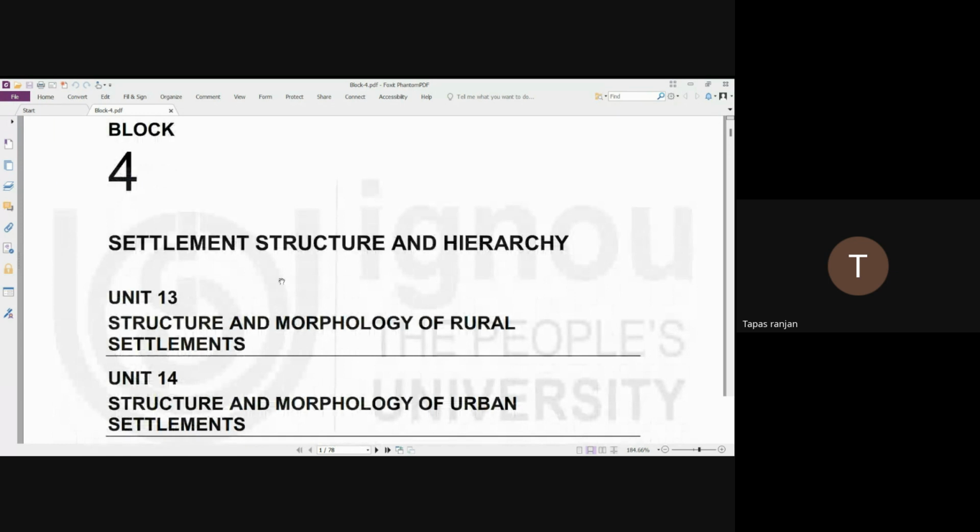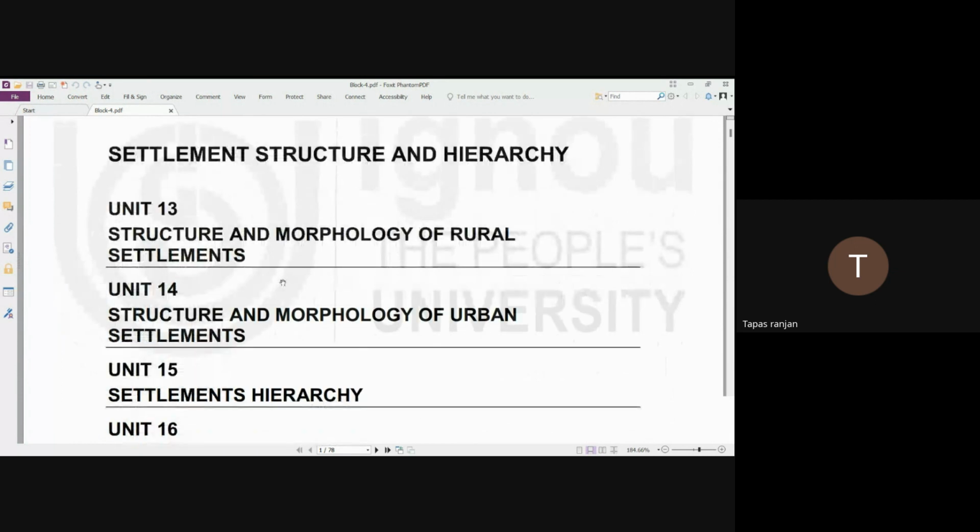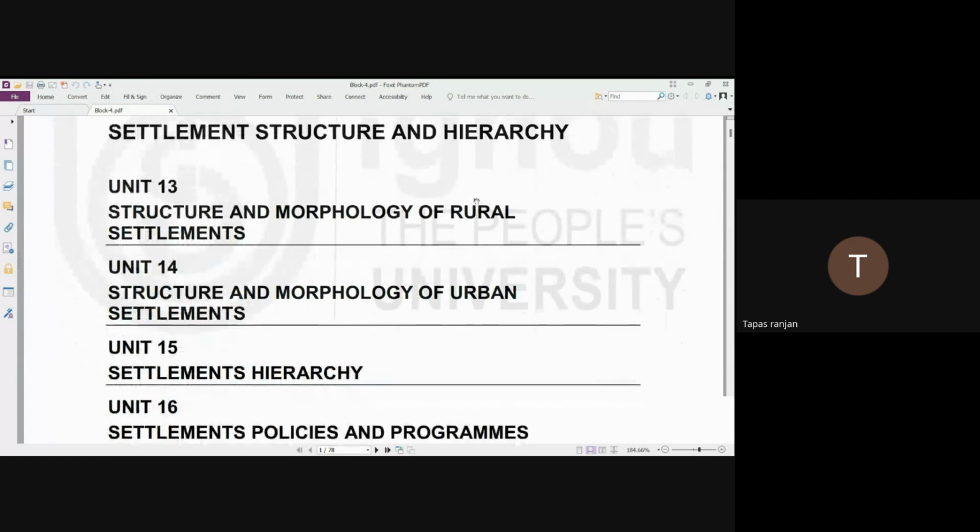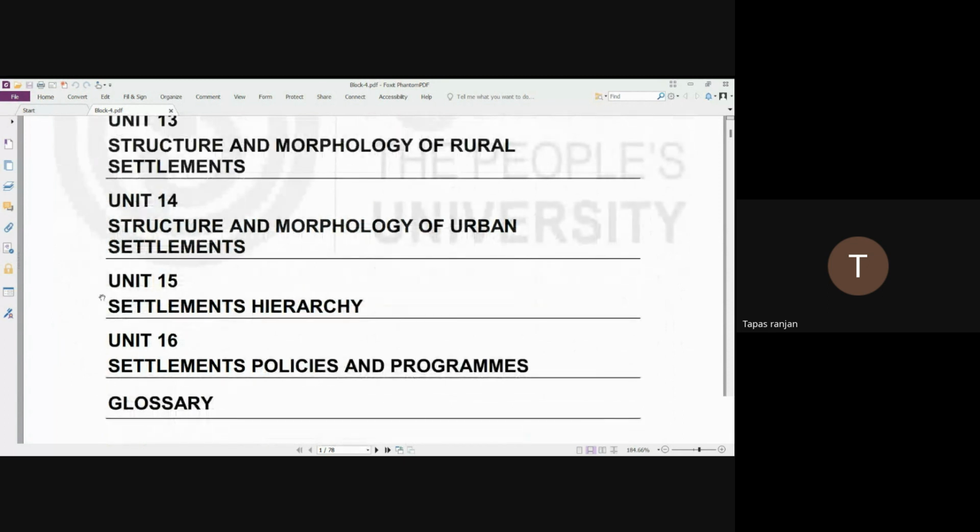So here we will be diving into the structure and morphology of rural settlement, structure and morphology of urban settlement, in which we will be looking into different theories, and then settlement hierarchy, and what are the different settlement policies and programs, mostly in respect to India. There are different global policies, but we'll be looking mostly into the Indian context.